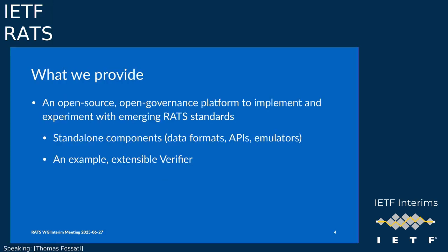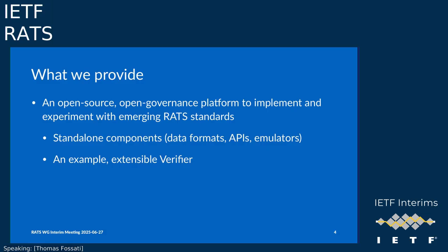What we provide, the aim here, is to provide an open platform, and open in terms of open source, open governance, with a good licensing model that allows you to experiment with the RATS architecture and the emerging standards there. Conceptually, you can see two kinds of deliverables in the project. One is standalone components: libraries that implement specific data formats, specific APIs, and emulators for RATS roles.